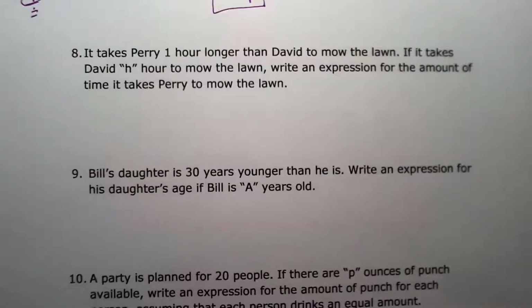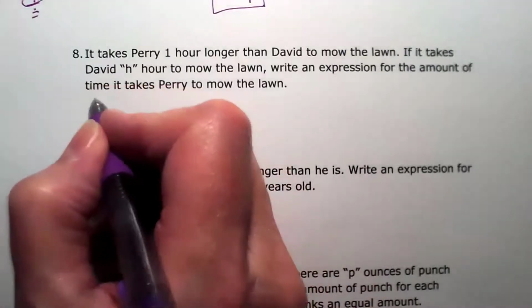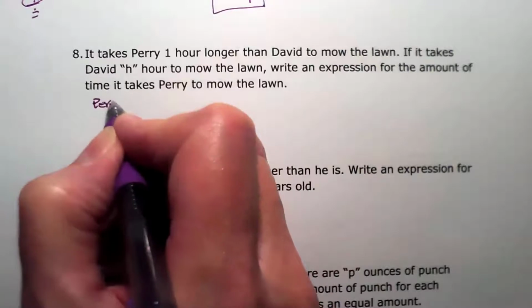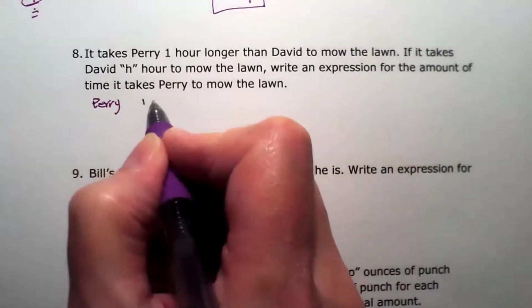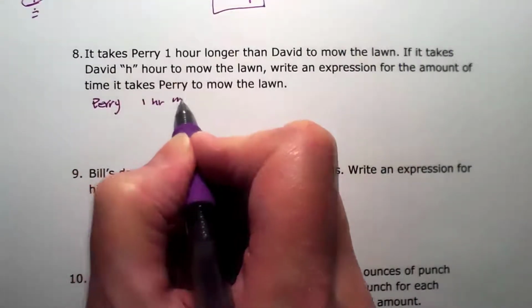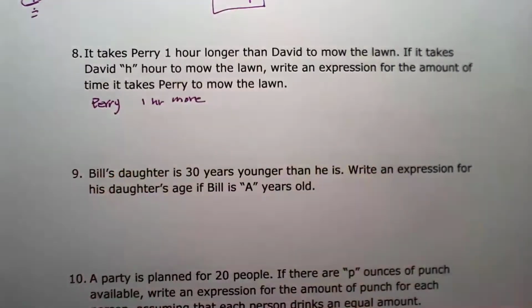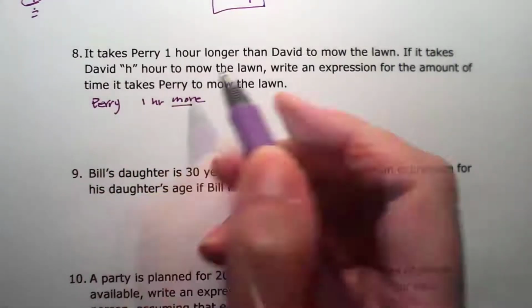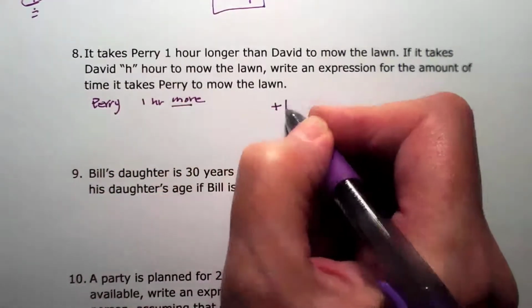It takes Perry 1 hour longer than David to mow the lawn. If it takes David H hours to mow the lawn, write an expression for the amount of time it takes Perry to mow the lawn. So if Perry takes 1 hour more, is that going to be add, subtract, multiply, or divide? 1 hour more means plus, so it's plus 1.